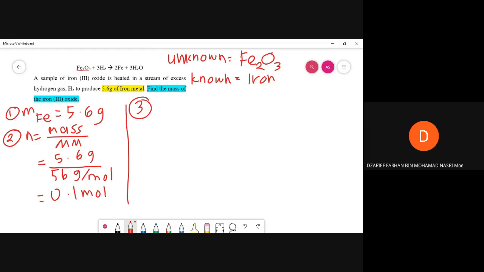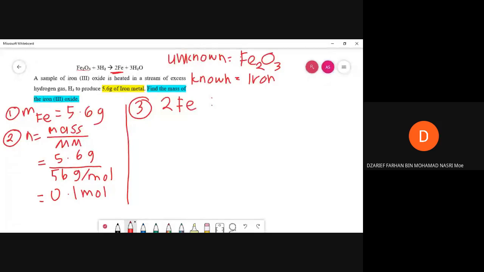So now the third step, you have to find the mole for unknown. Macam mana nak cari mole for unknown? Kena susun the chemical equation. Yes, kita kena compare from the chemical equation. So, tengok. From the equation, we know we have 2 mole of Fe. Betul?